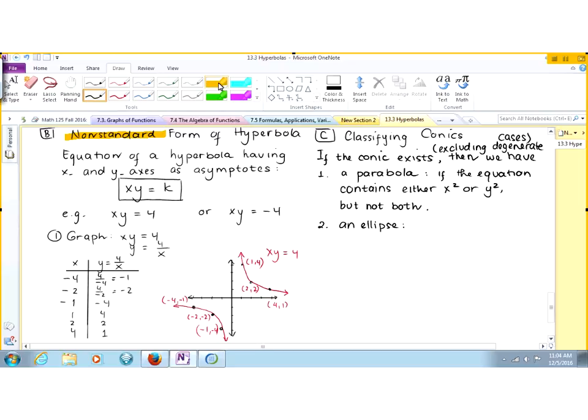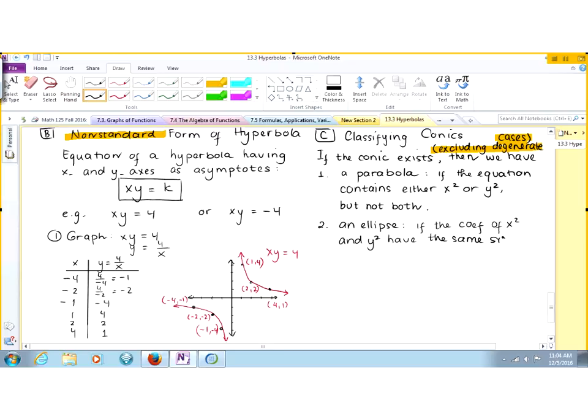When? Whenever a conic exists, so we're excluding degenerate cases. When is it an ellipse? If the coefficients of x squared and y squared have the same signs.